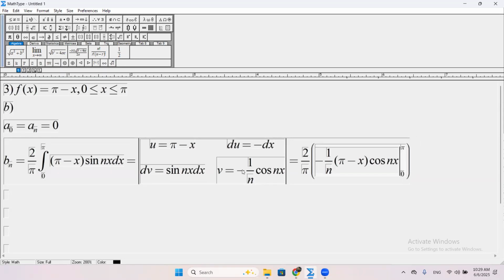And minus here, and the minus before the integral will be because of it. So from 0 to p, 1 over n cosine of nx dx.